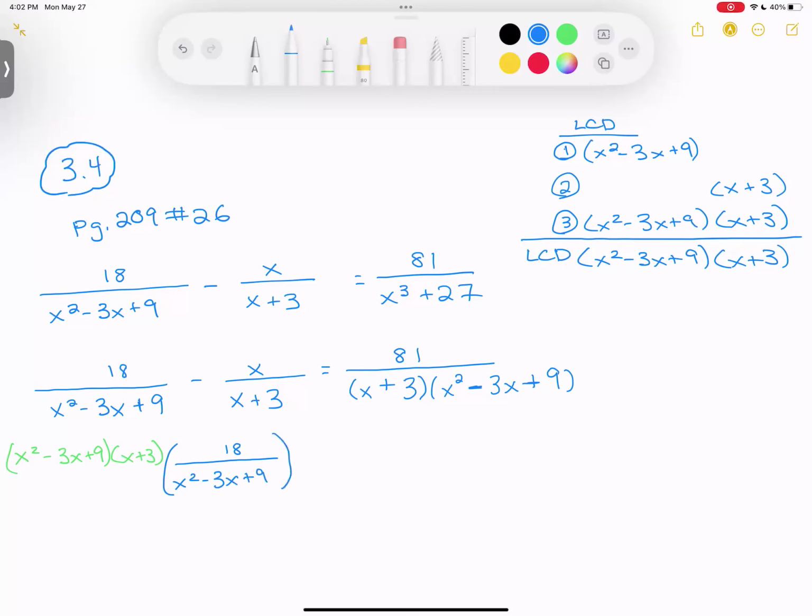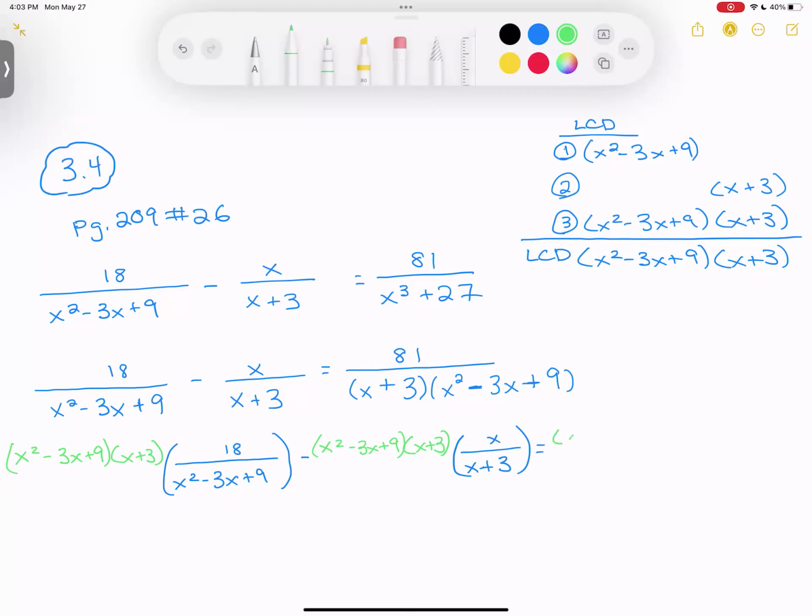And then we've got minus our LCD again, multiplied by our second term, equals our LCD.